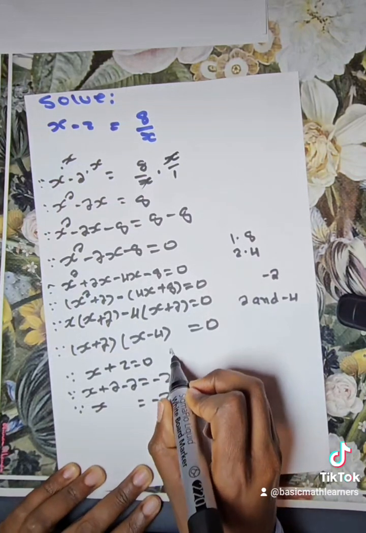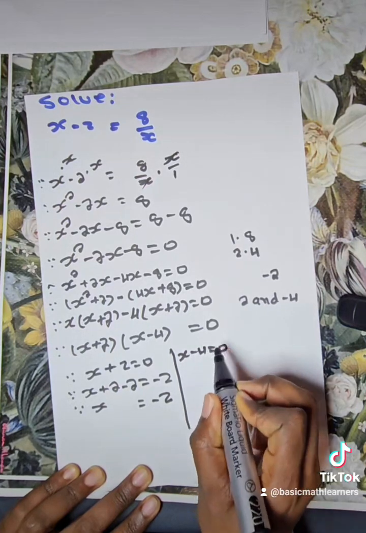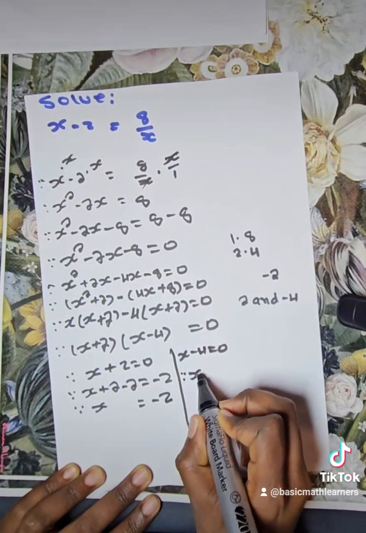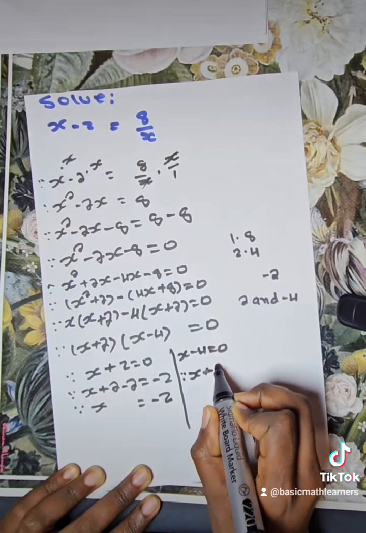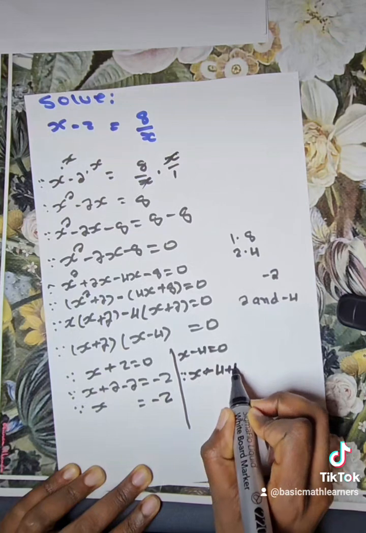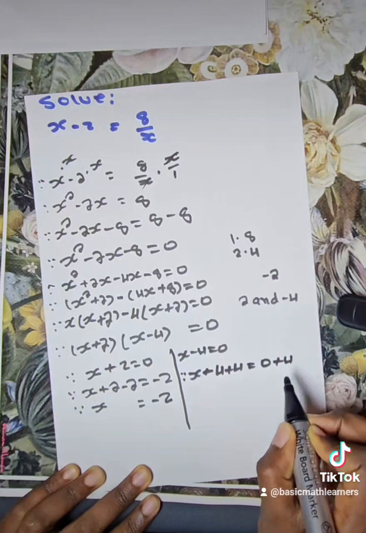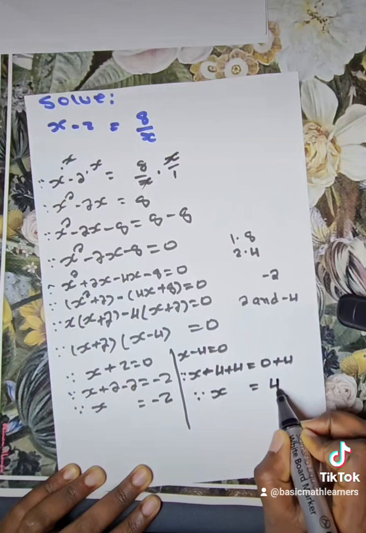Okay. Second, we have x minus 4 equal to 0. In order to isolate x, let's get rid of the minus 4, and we add 4, and let's say equal to 0 plus 4. This simplifies. Our x is equal to 4.